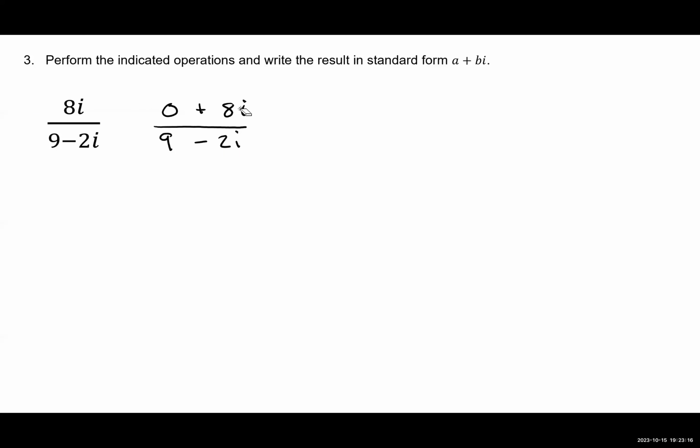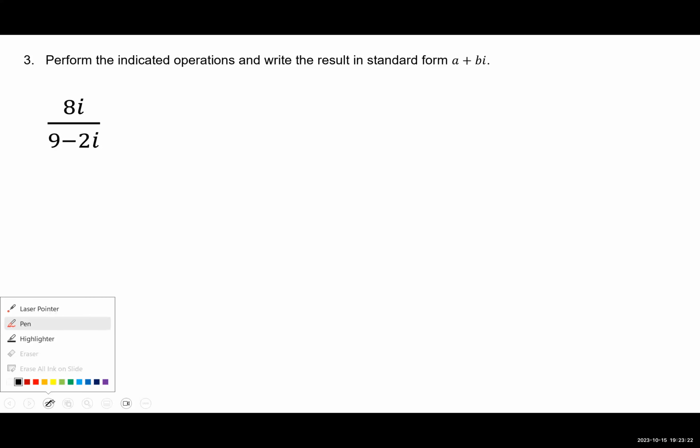Now, the way to divide two complex numbers, we have to use something that we've seen before. We just have to use it now in a different context, the conjugate.